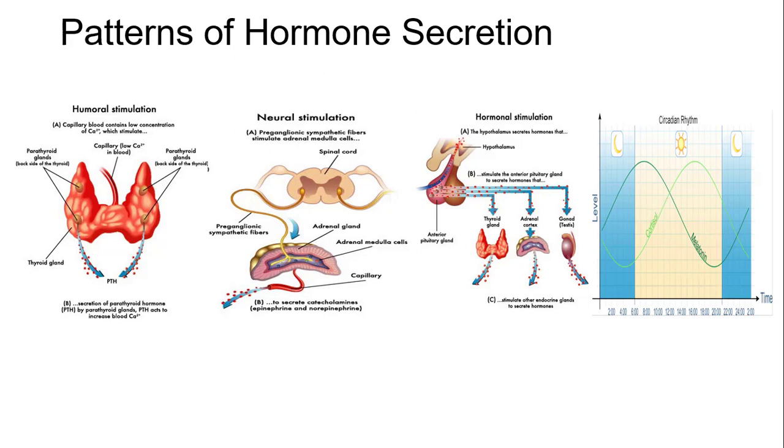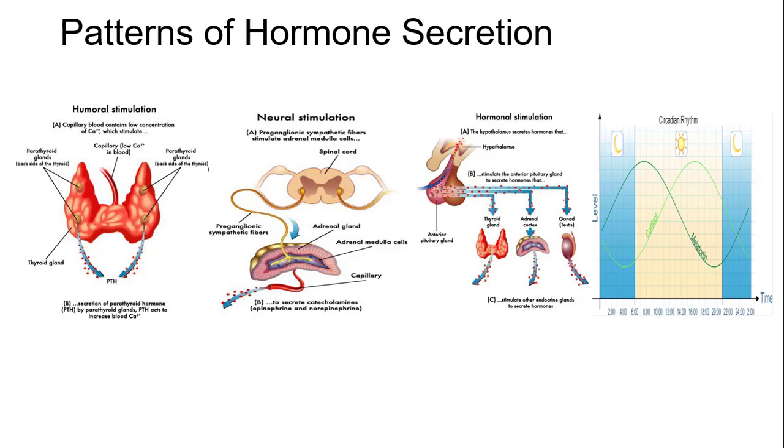To summarize, there are 4 types of hormonal secretion. The first is humoral stimulation, that hormone is secreted to maintain homeostasis, and we gave the example of calcium concentration in relation to parathyroid hormone. The second type of hormonal secretion is neural stimulation by the activity of the sympathetic nervous system that enhances the secretion of epinephrine and norepinephrine from the adrenal medulla gland.